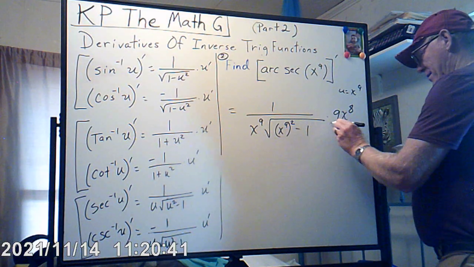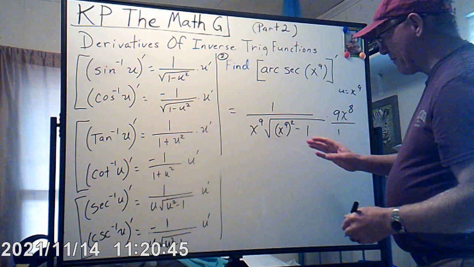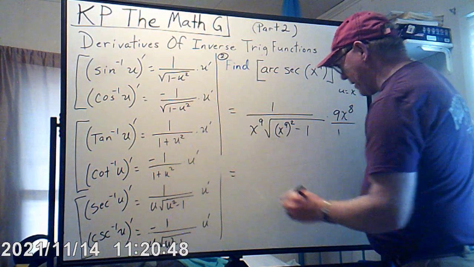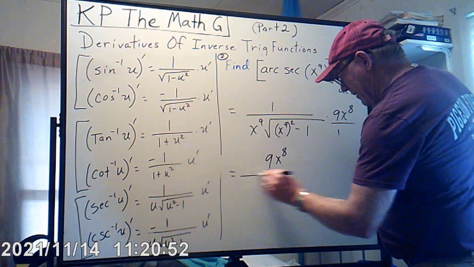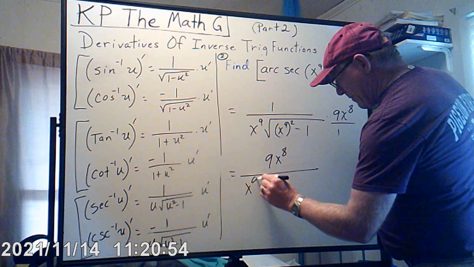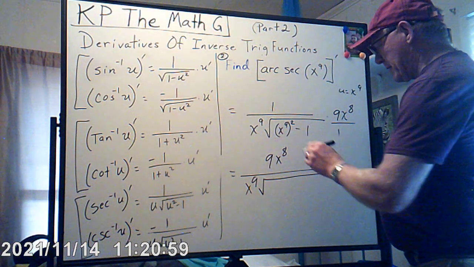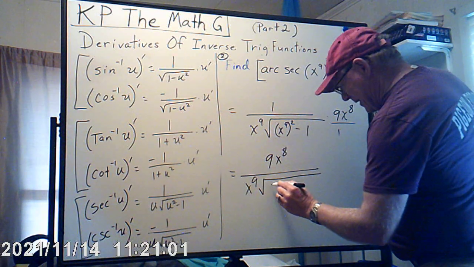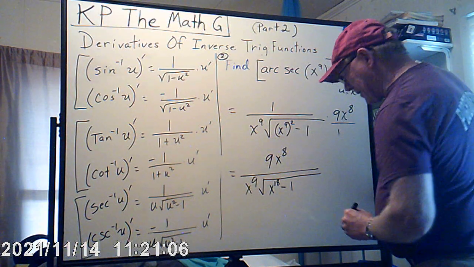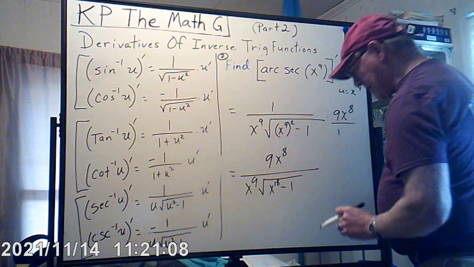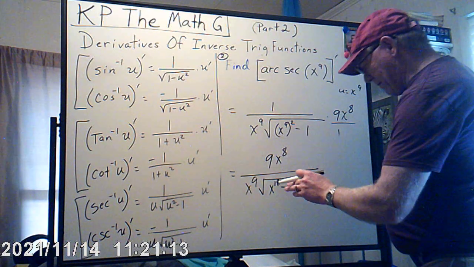Alright, so my derivative will go here. We're going to have something that we can divide out, so let's keep going. We've got 9x to the 8th right here, over x to the ninth, and then the square root of, 9 times 2 is 18, x to the 18th power minus 1. I think we've got everything there.